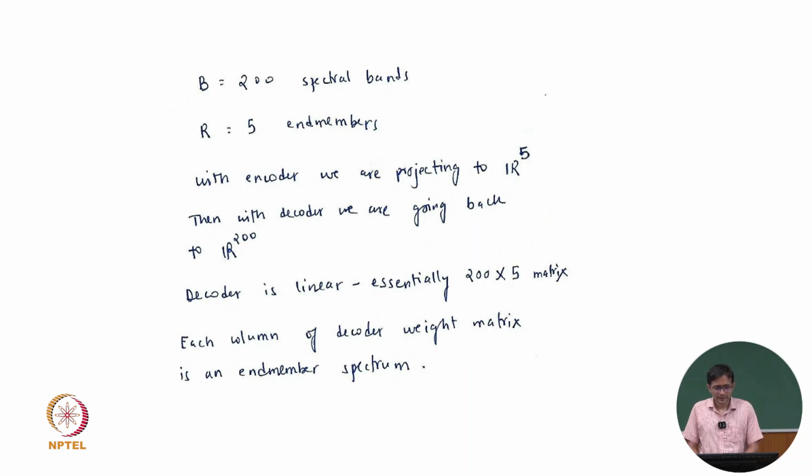So here, as we see, our decoder is linear. This means this is essentially a 200 cross 5 matrix, where each column of the decoder weight matrix is an end member spectrum.